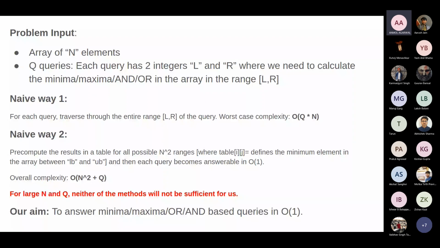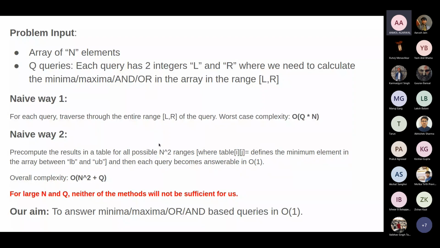the worst case which we can do to solve this problem is q into n. The second thing which we can do is that we can basically pre-compute whatever our target function is. We are talking about the minima right now. So we can pre-compute the minima and store it in a table. Basically table ij will define the minimum element for all the elements whose indices lie between i and j.